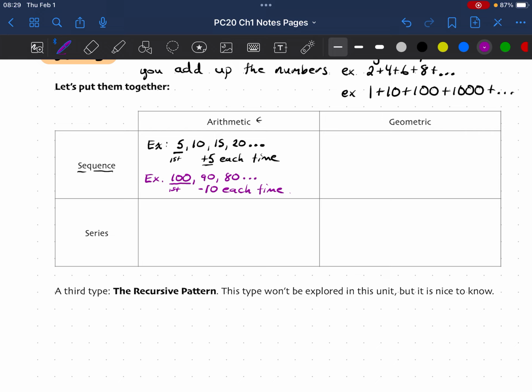Now, a geometric sequence, again, this is just a list of numbers. But instead of adding or subtracting to get our next number, we're multiplying or dividing. So example, 3, 9, 27, 81, ... It keeps going on forever. This is our first number, and we are multiplying by 3 each time.